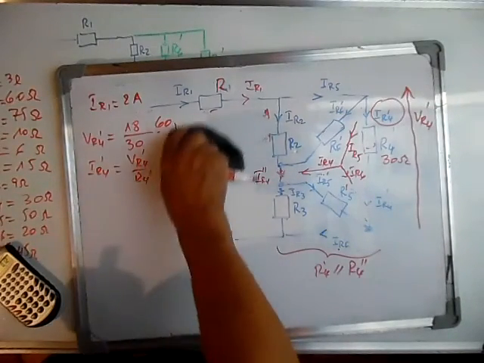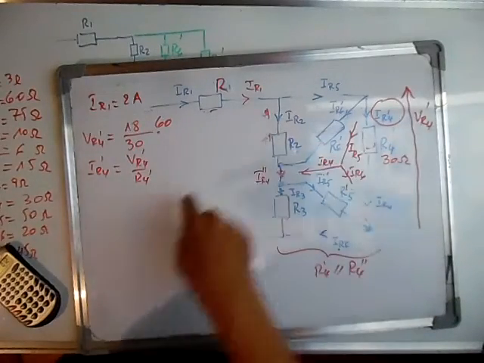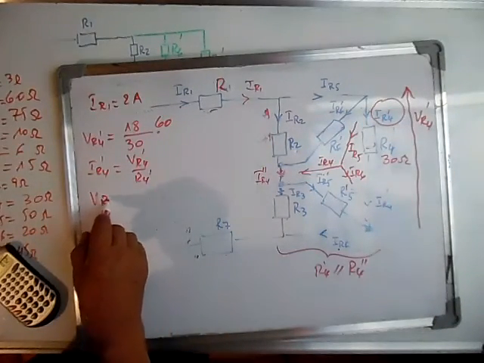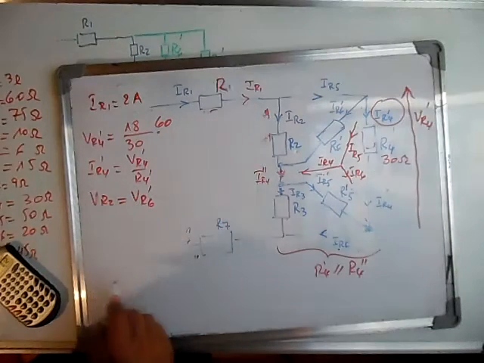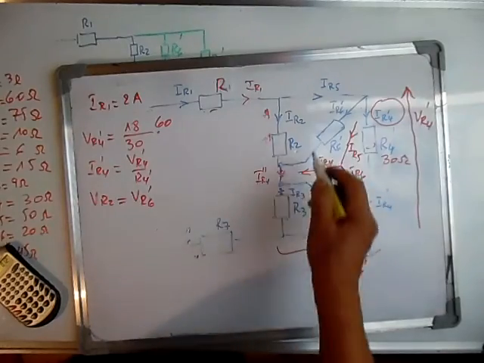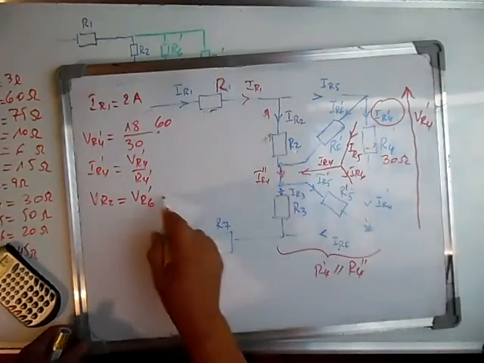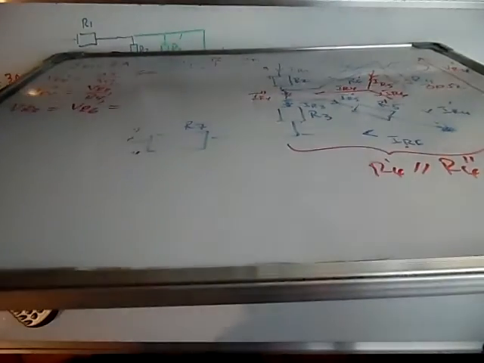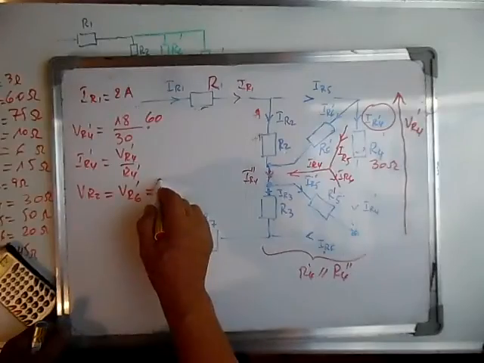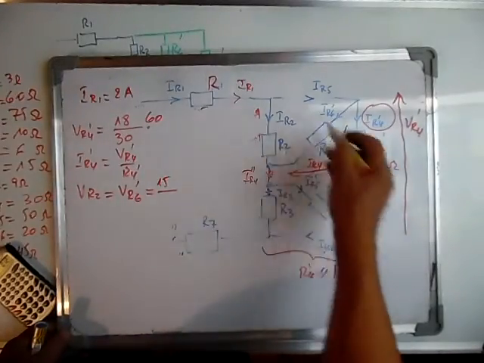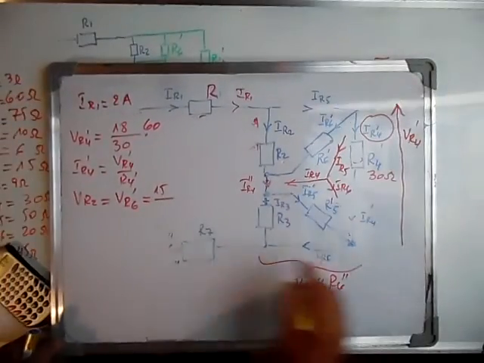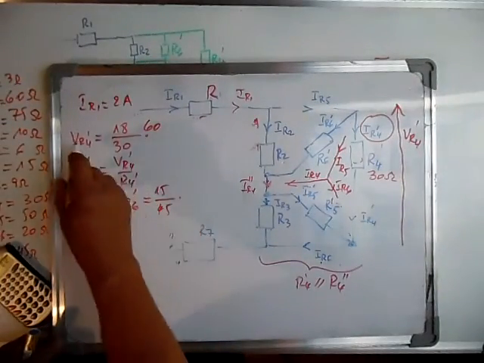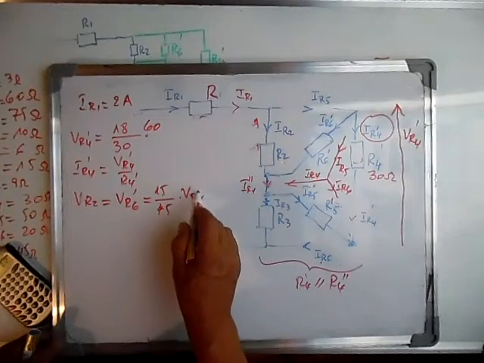Once we have this, we can calculate the voltage at this resistance, VR2, which is equal to VR6 prime. Using the equivalent resistance, which is 15 over the sum of these two, which is 15 plus 30, 45, times this voltage, VR4 prime.